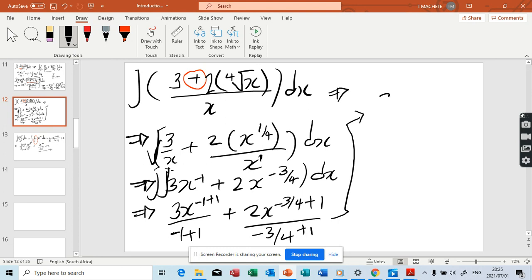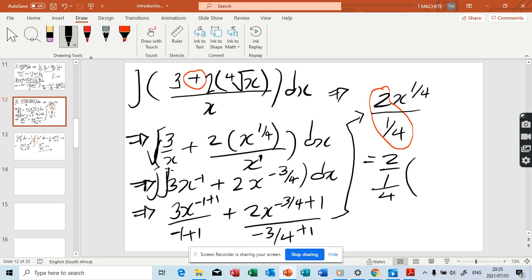So you're going to get 2x to the power minus 3 over 4 plus 1, so you're going to get 1 over 4 over 1 over 4. Remember what I said. You take this 2 as a constant, so you can simply write this as 2 over 1 over 4, then multiply by x to the power 1 over 4.